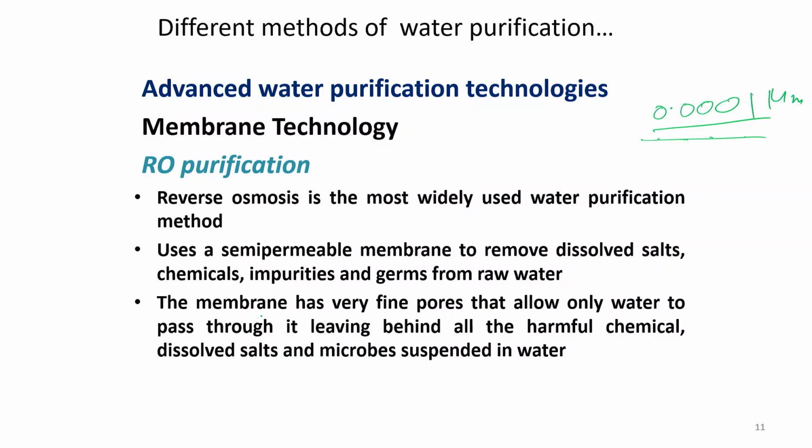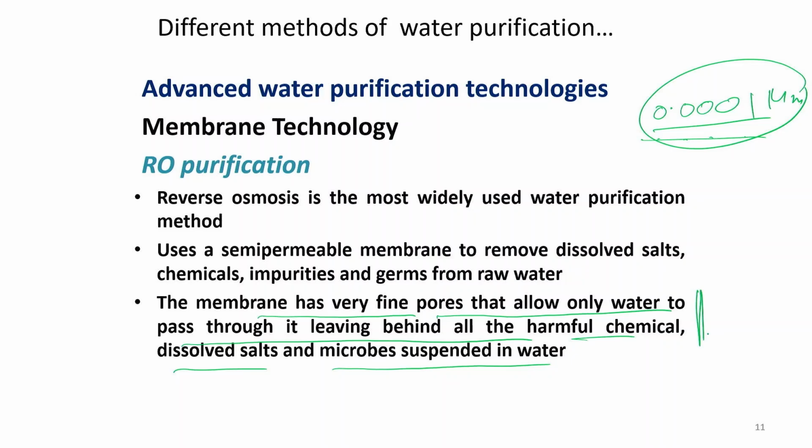The membrane has very fine pores, around 0.0001 micron, that allow only water to pass through, leaving behind all the harmful chemicals, dissolved salt, microbes, viruses, and bacteria. Everything will be filtered out because of that very small pore size.